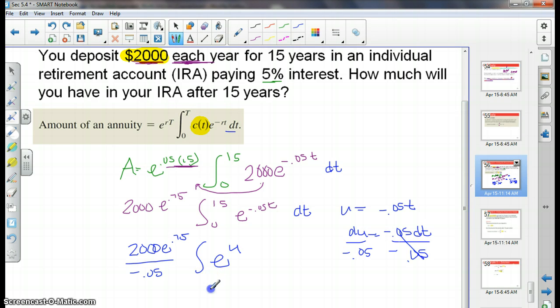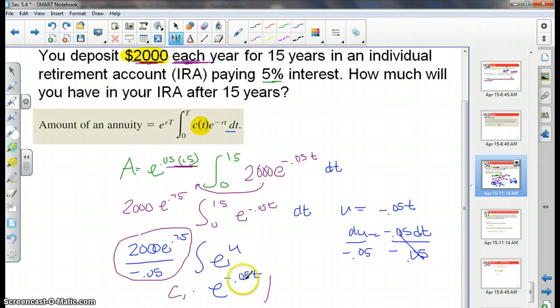But I'm going to replace u back with negative 0.05t, and I multiply it by this constant. So the last thing that we're going to do here is take this constant, I don't know what that is, I'll just put it c sub 1.